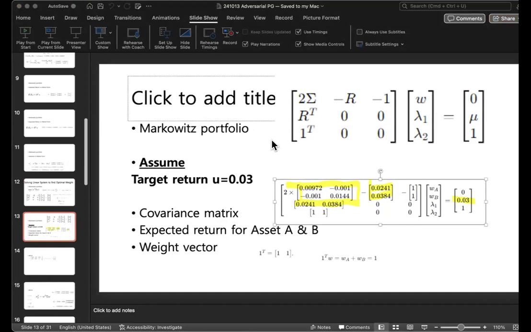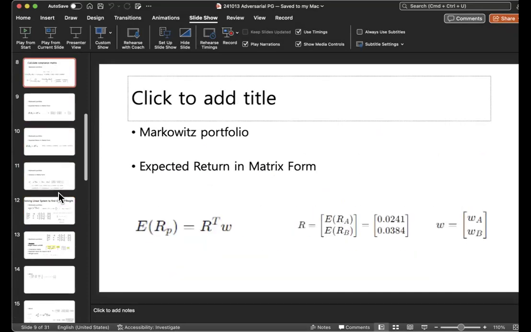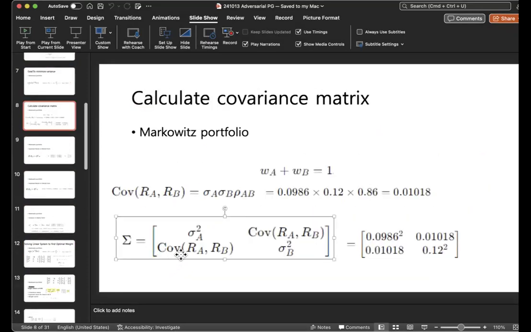We calculated the return vector of asset A and asset B, and this sigma is the covariance matrix.